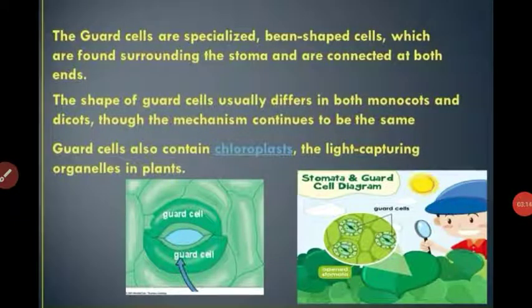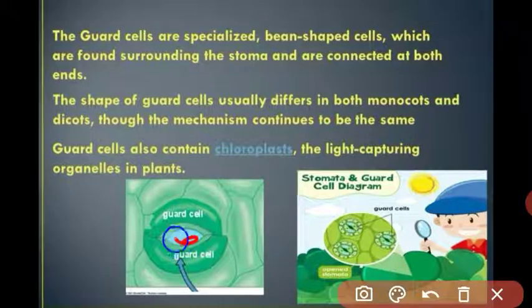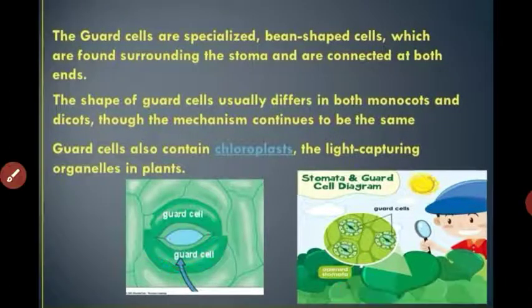The two guard cells are found surrounding the stoma, and both ends are joined. This opening of the stoma is called the stomatal opening. The two bean shaped guard cells are joined at both ends. This is the structure of stomata.